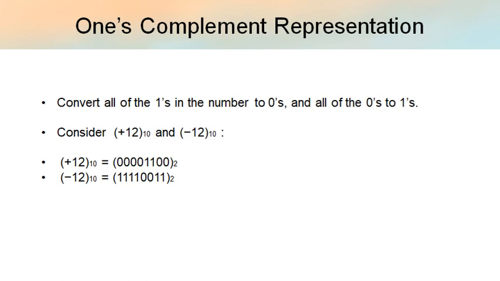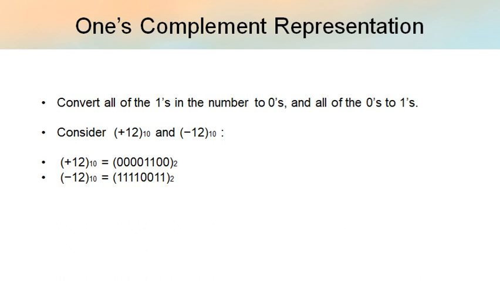So we get 11111. So plus 0 and minus 0 are different. So we have two different representations for the number 0 here. This is just a twist of 1's complement representation.